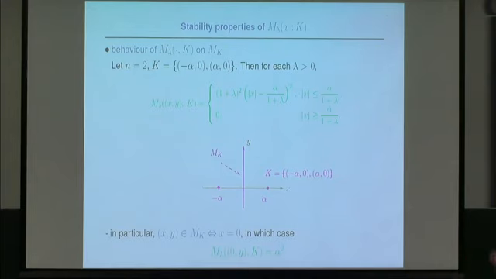In this case, the medial axis is just the y-axis, and I think the green is a bit hard to see, but you get a formula for the medial axis landscape map, which is 0 if mod x is greater than or equal to alpha over 1 plus lambda, and it's some other formula when you are close to the medial axis.